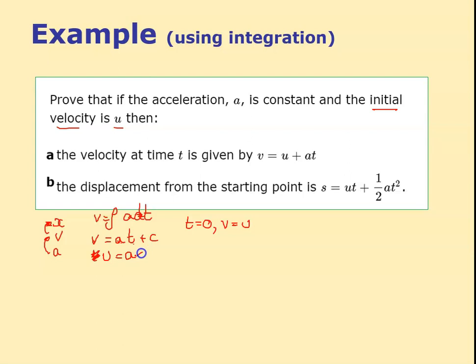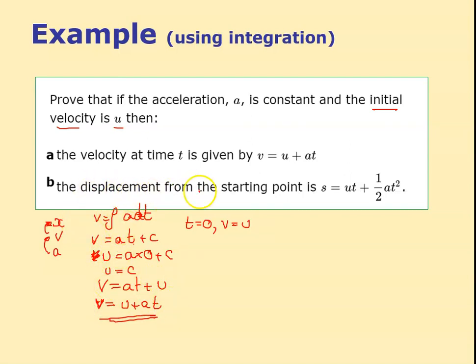So that's a times 0 plus c. And anything times 0 is 0. So therefore my constant c is u. And therefore I get this equation, v equals at plus u, I suppose. But everyone always writes this, v equals u plus at. This is actually one of the equations which I need to know. And we found it using integration.